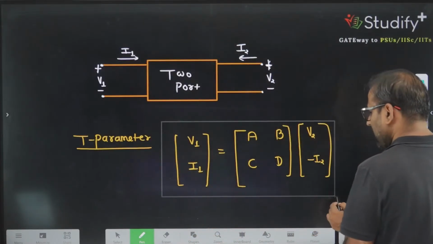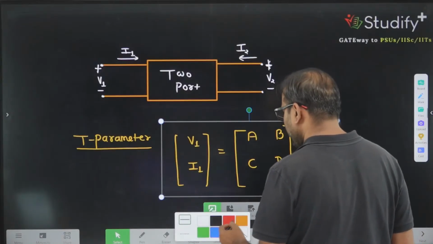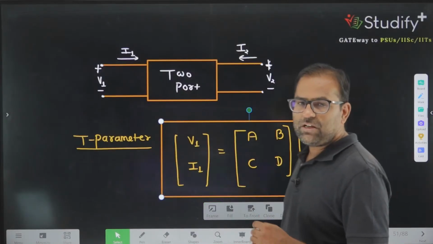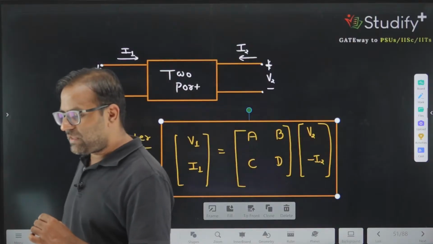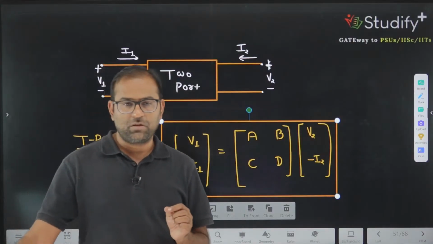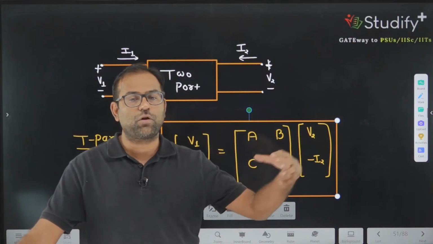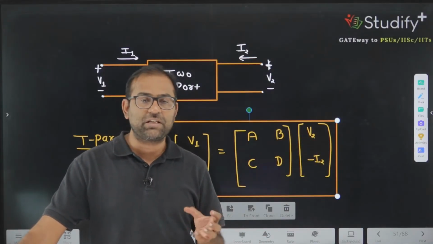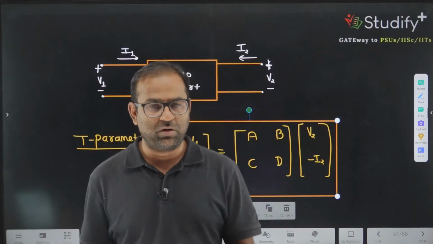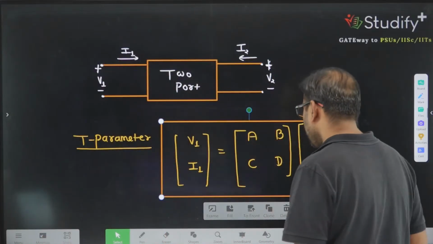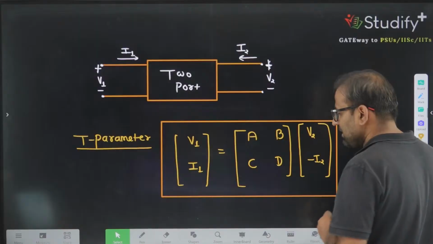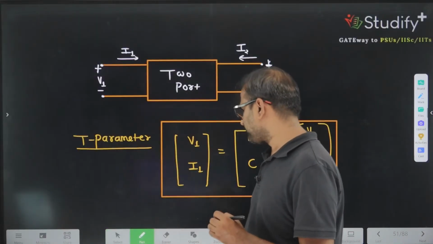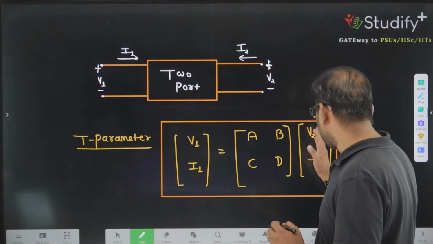And why do we define the two-port parameter this way? For the cascading of a lot of networks, getting the equivalent of that cascading arrangement is very simple from this T parameter model. So this is A, B, C and D. These are parameters. V1, I1 as V2 and minus I2.